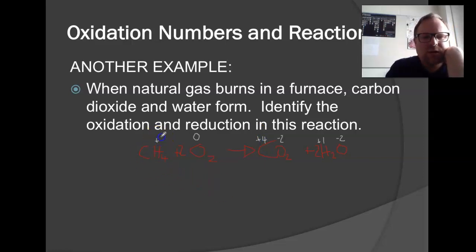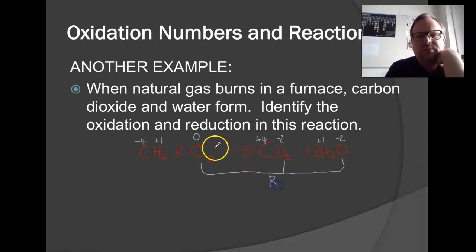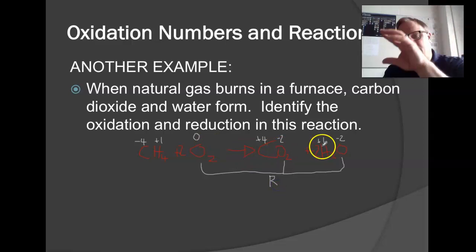Hydrogen here is +1 again, and if we have 4 positives, that must mean that carbon here is -4. So we've got all of our oxidation numbers figured out. It should be pretty obvious again that oxygen here is going through reduction, correct? Because it's becoming more negative. Becoming more negative means you're gaining electrons. Gain of electrons is reduction.